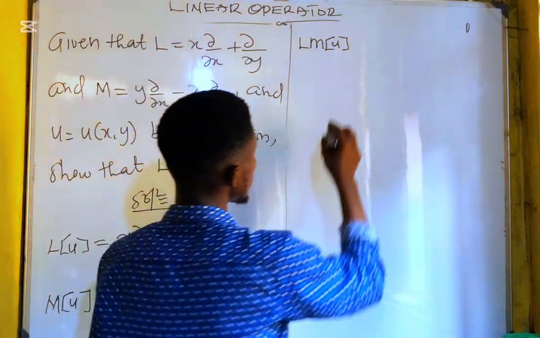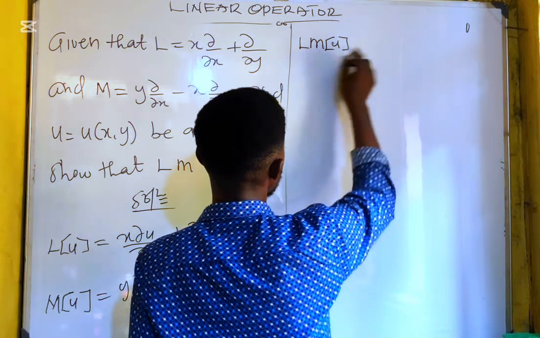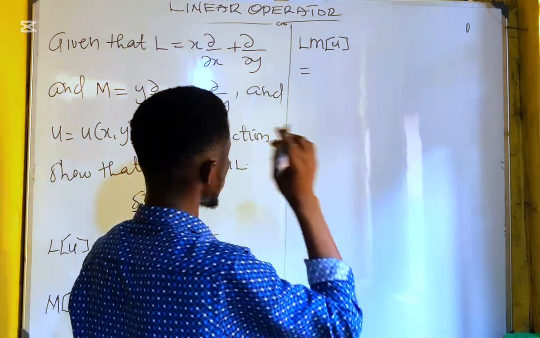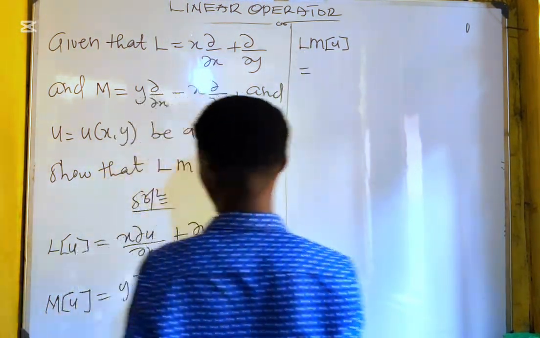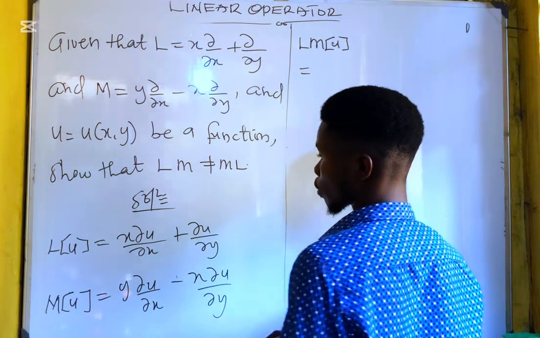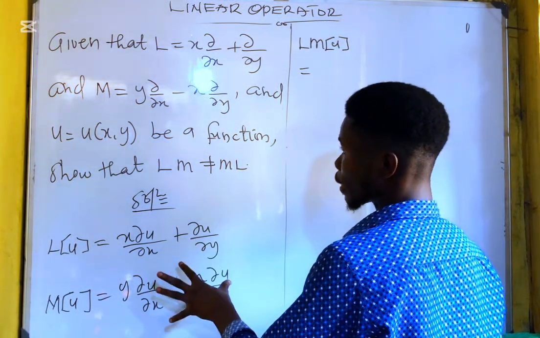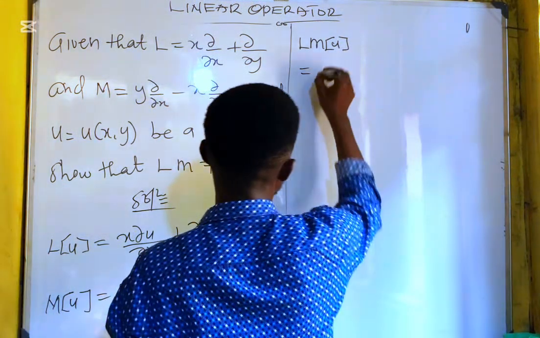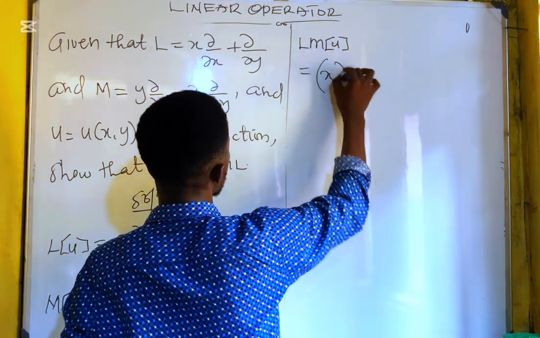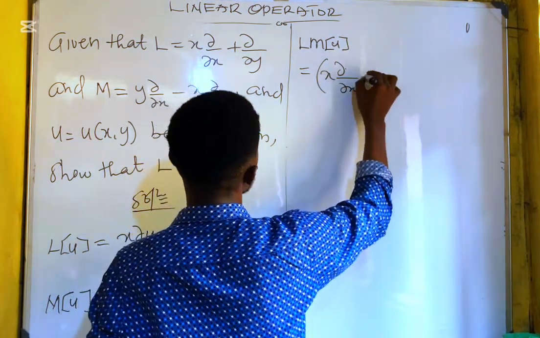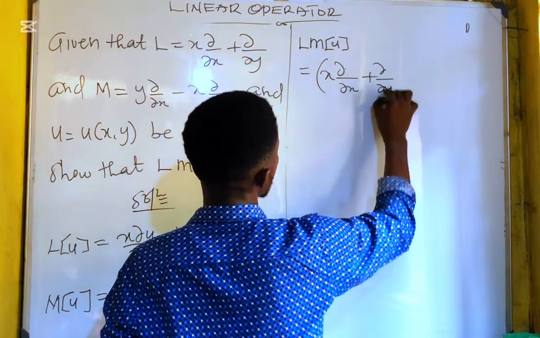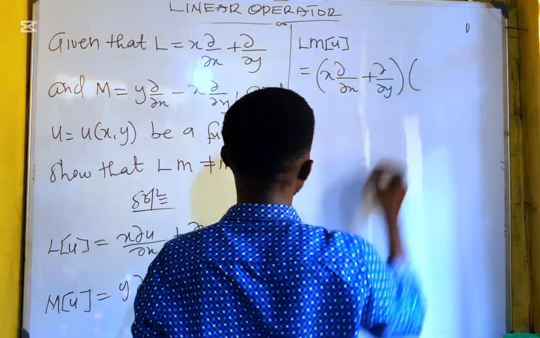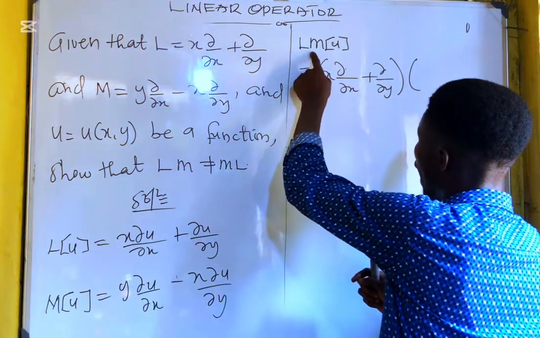So what it means is that our L is this one, which is x ∂/∂x plus ∂/∂y, multiplying, you see, this is Mu.